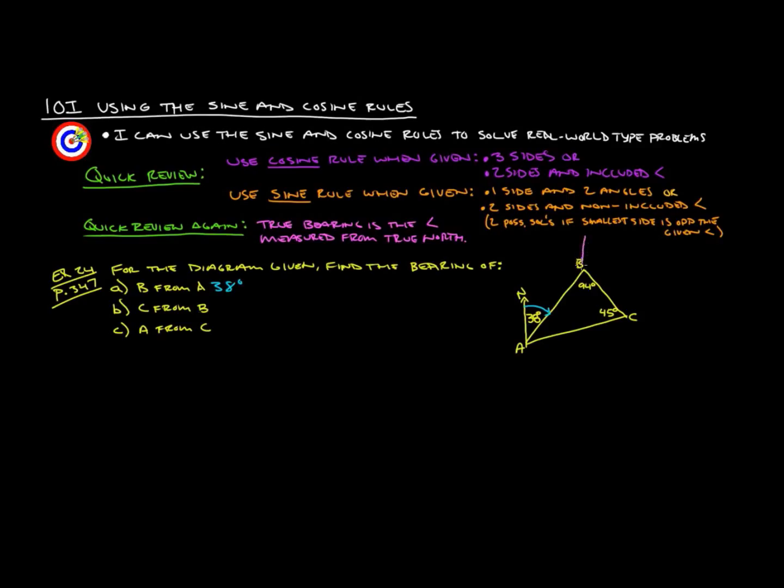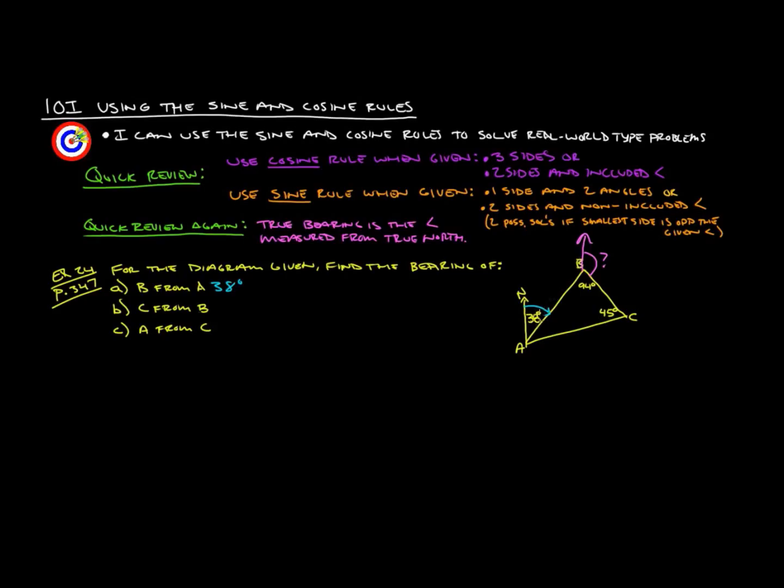Here is true north for B, so we have to figure out what this angle here is. I think probably the easiest way to figure this out is, since these lines here are parallel, these are co-interior angles.